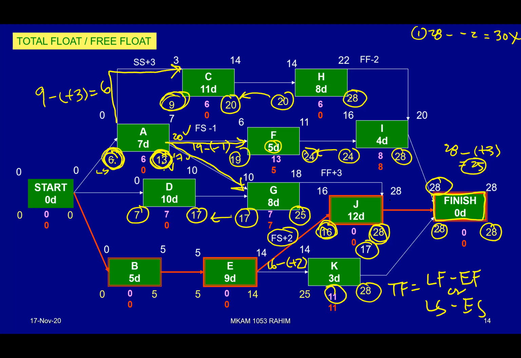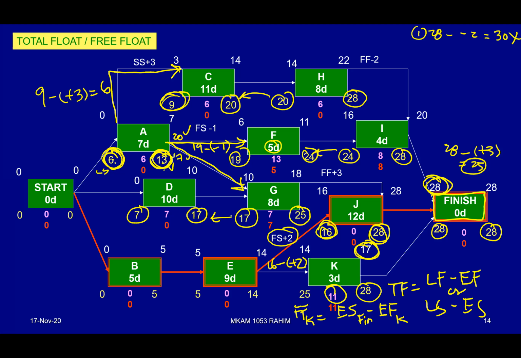So based on the difference, always remember the free float for activity K is equivalent to the early start of the successor activity, I just put F for finish, minus the early finish of K itself. Meaning to say, this value compared with this value, automatically you can calculate the free float of each activity very quickly. Okay, that is the fundamental.